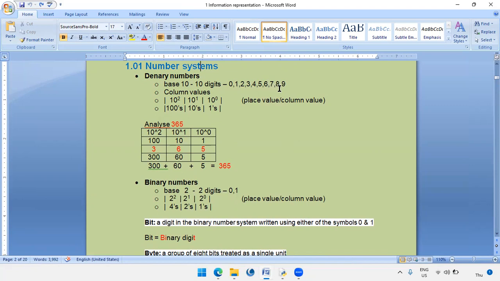All these are single digits. 9 is a digit, but 10? If you type 10 here, 10 is not a digit. I'm saying 10 is not a digit. Then what is it? What is 10?